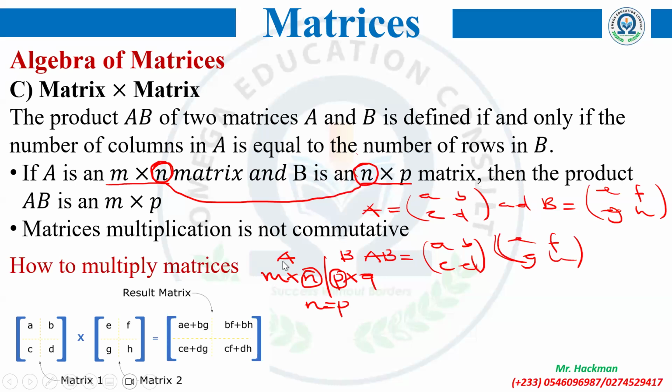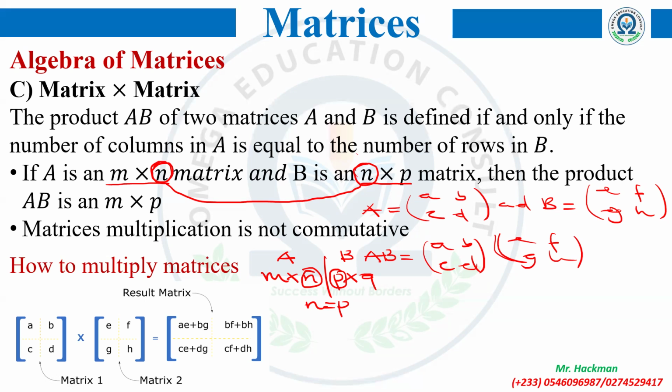That will be the order of this matrix. And the order of this matrix also will be a number by a number. But I'm using M and N, P and Q to represent general numbers. So I'm explaining from the general perspective. Is that clear? We will come to the particular perspective. Is my point well made?